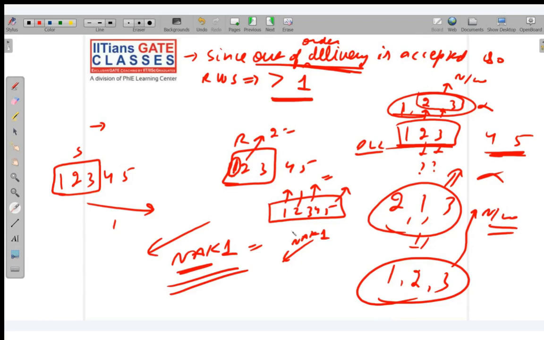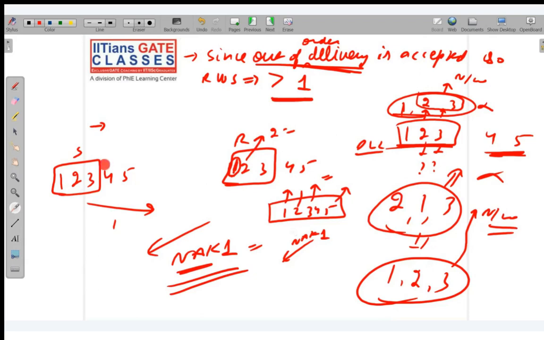Next point: when NAK is received by the sender. Who will receive it? The sender will receive it, and the receiver is sending the NAK. So when NAK is received by the sender, what will it do?